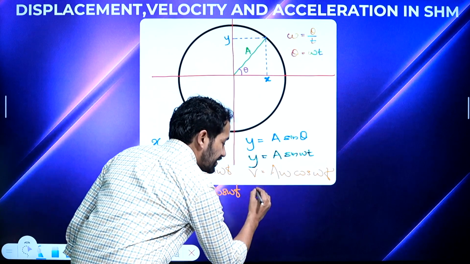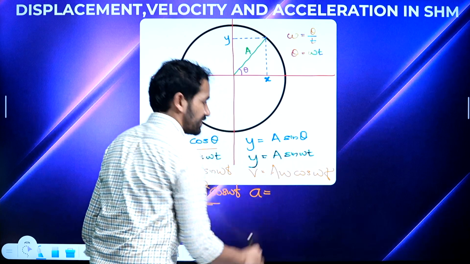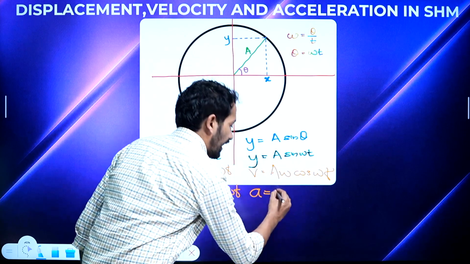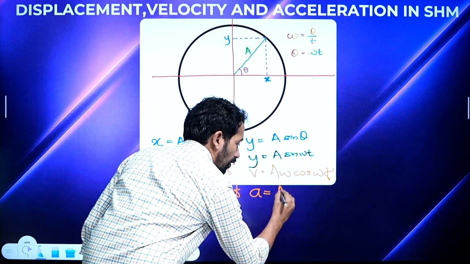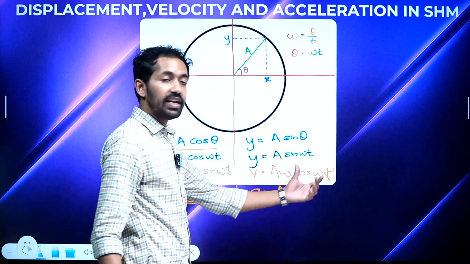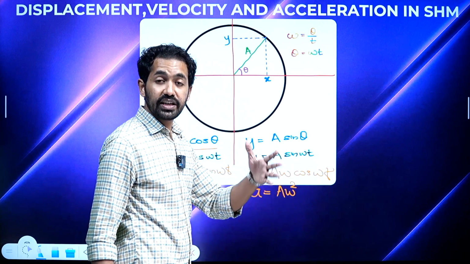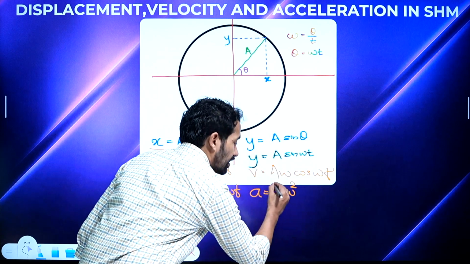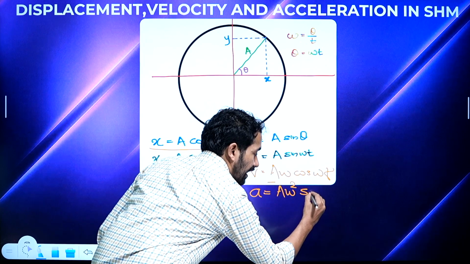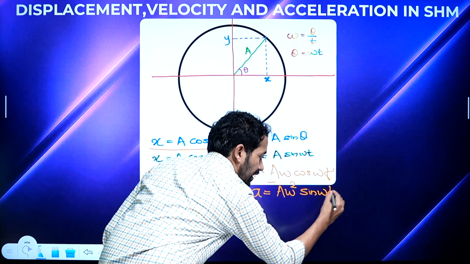Likewise, on differentiating velocity you will be getting acceleration. I'll take one omega outside, and I'll get a omega square. What is d by dt of cos omega t? d by dt of cos theta is minus sin theta. So I'll put a minus sign here, minus sin omega t.